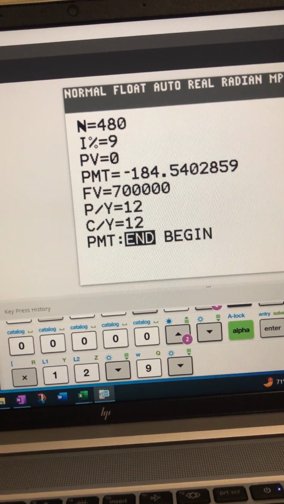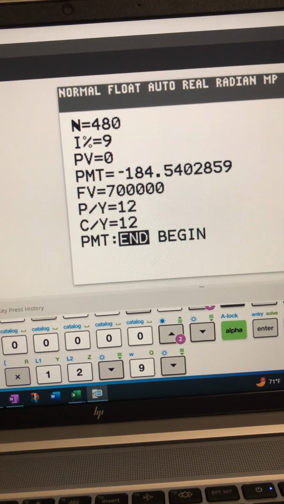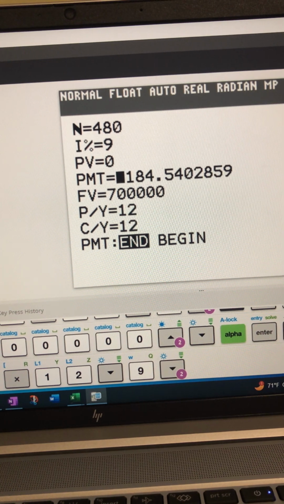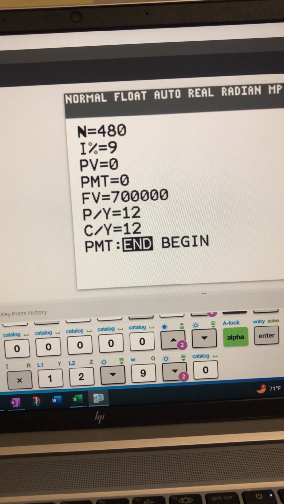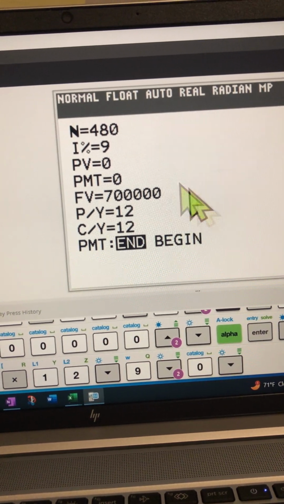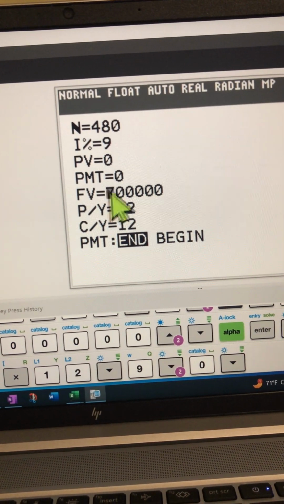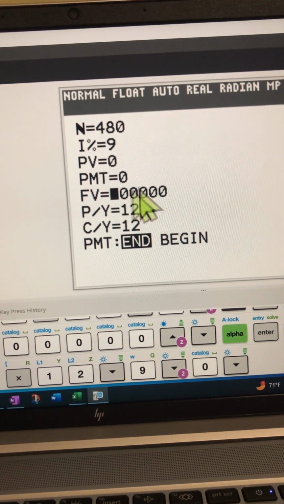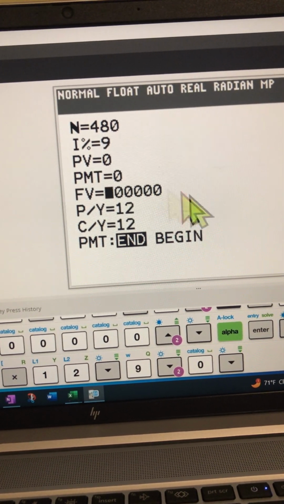Present value is always a 0 for annuity. Monthly payment is the value we are looking for, so I put a 0 here and I will go back in a moment later. Future value we don't know, so we need to figure out how much money we should put here. That's the key.